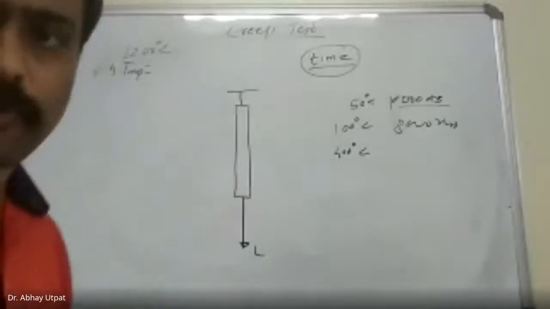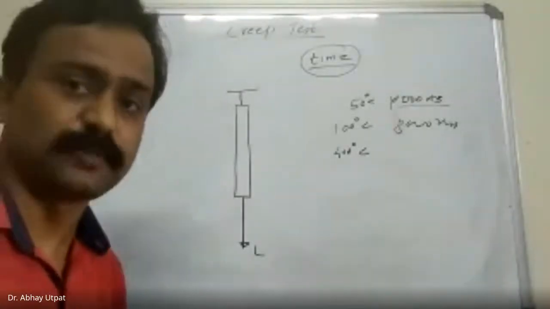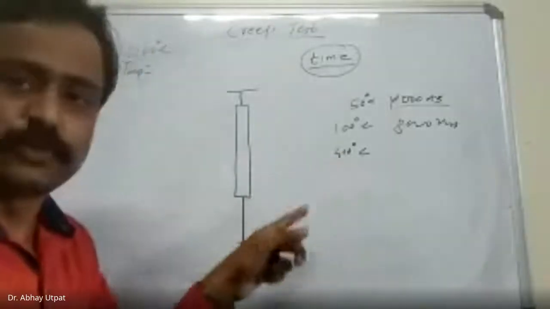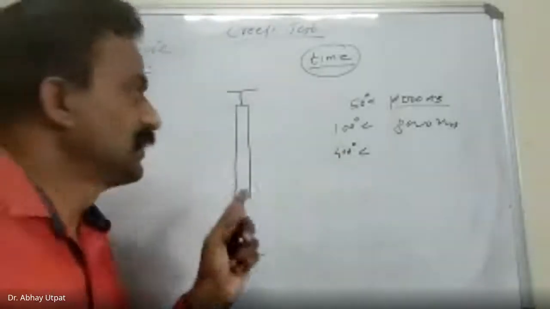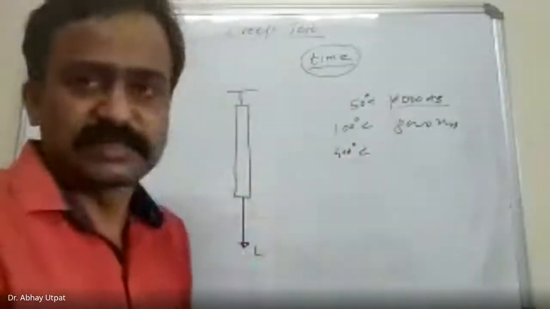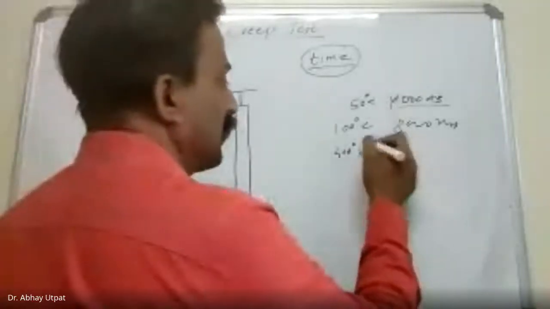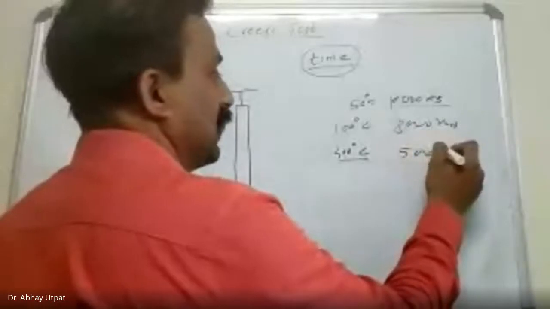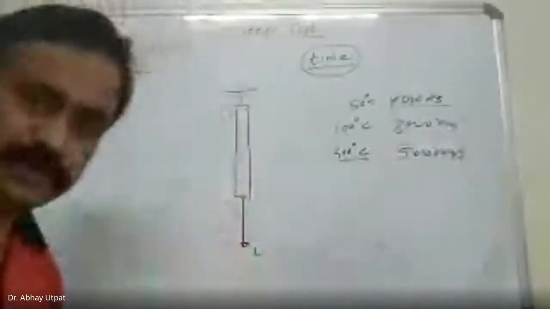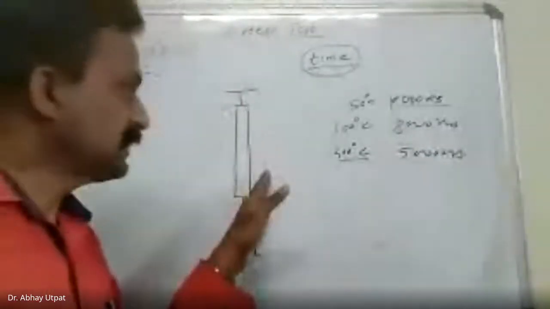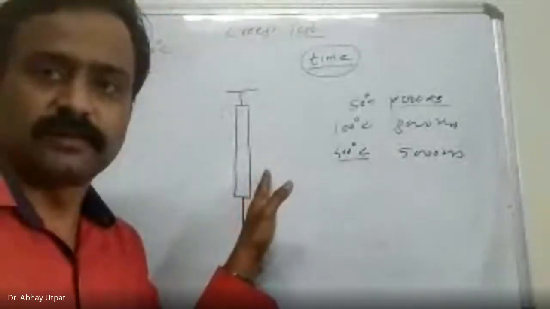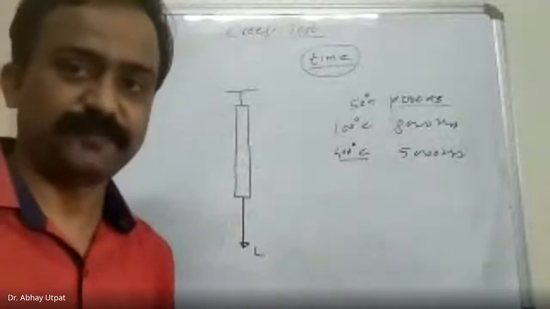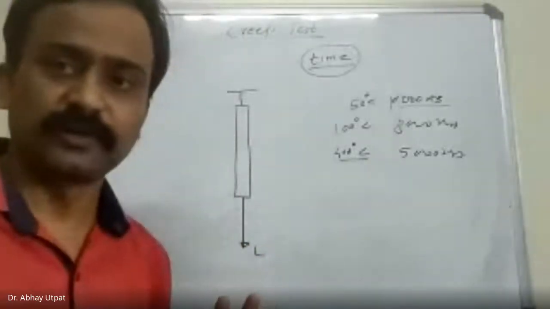Do you know what 0.4 TMP is? It is the recrystallization temperature. So approximately the temperature selected should be that much. If I select 400 degrees Celsius, you observe that it starts showing deformation at maybe 5,000 hours. Means as the temperature increases, the creep strength decreases for a particular load.